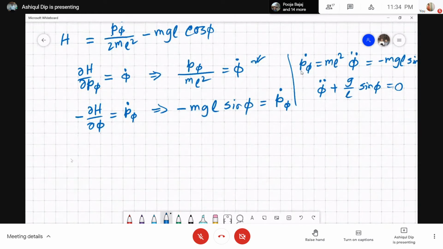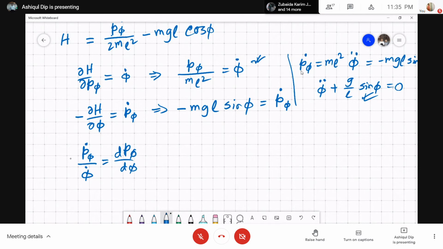What should you do to integrate this system? Because we do not know how to solve the previous system. We take the fraction, dp by d phi into phi dot, and phi dot is there in the equation. We just remember what we did last time. So p phi dot over phi dot is nothing but dp phi over d phi, right?